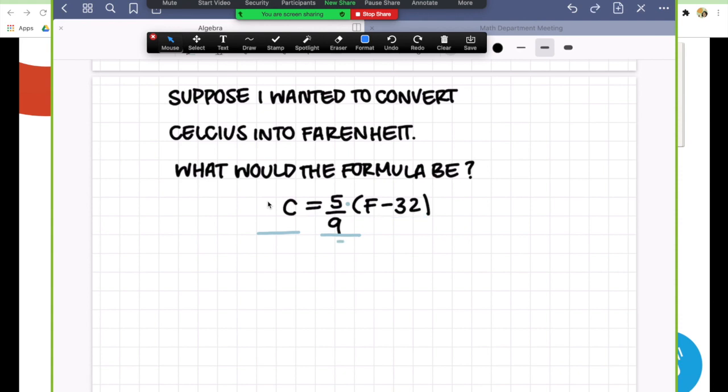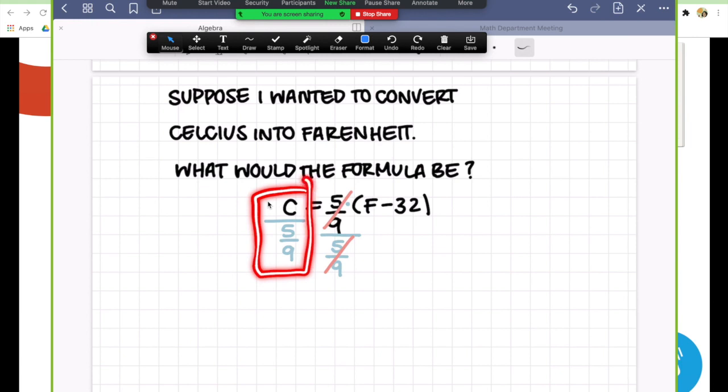And so I'm going to divide 5/9 to both sides. And when I divide, let me make that nicer looking over here. So divide 5/9. Now when I look at that, I see that this cancels out nicely, but over here we get this ugly looking equation or expression.